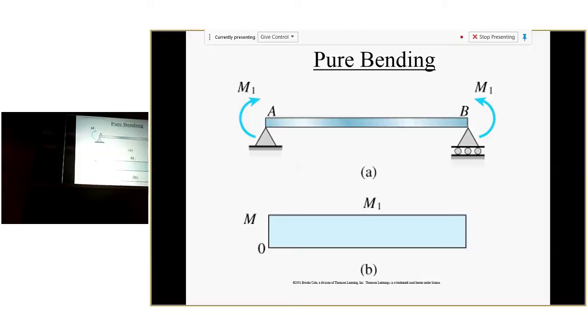Now bend it. Imagine you are applying a pair of moments here, a pair of forces, with two fingers. So it's pure bending. Now bend it, and look at the lines there.